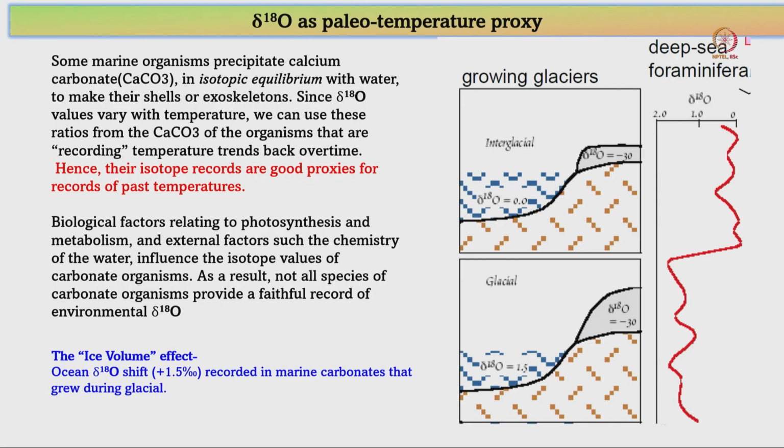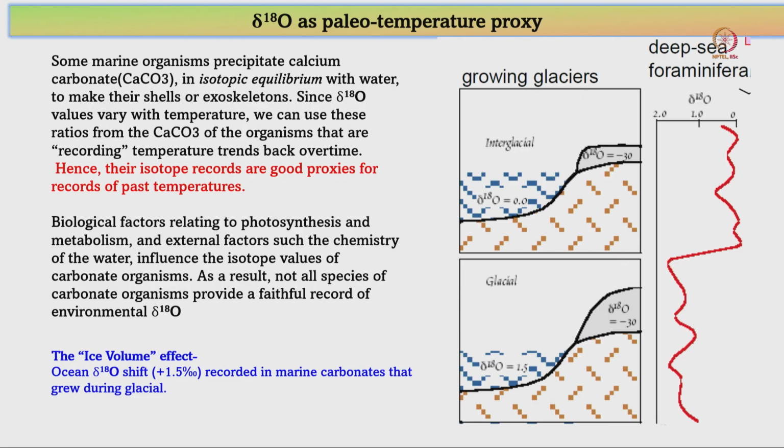And it is not that all animals are going to record it. There are many biological factors related to the complexity of the animal, related to the metabolic activities, and external factors, such as if there is any other chemistry changing rapidly in the water. So, depending on that, how sensitive is that animal to such changes.